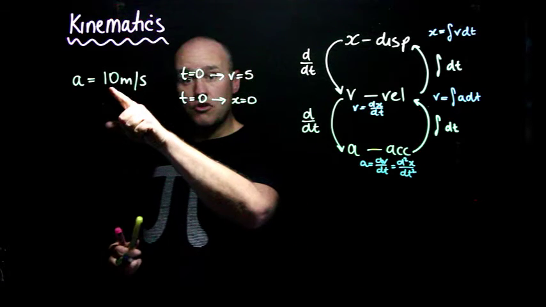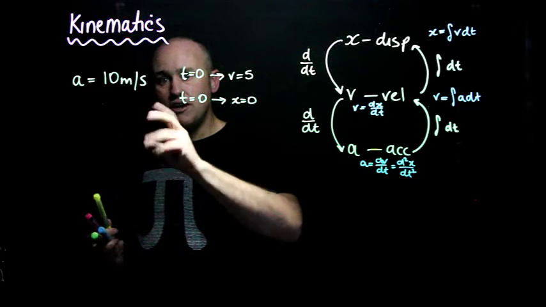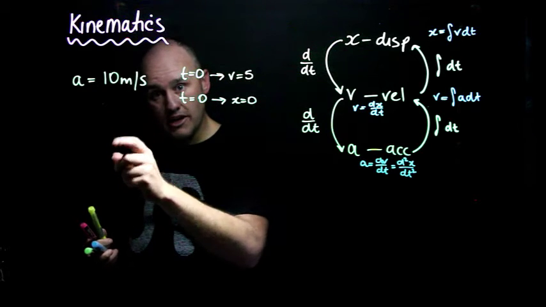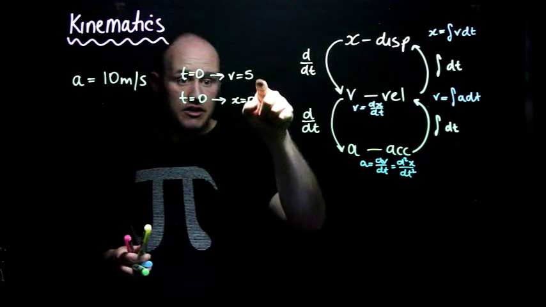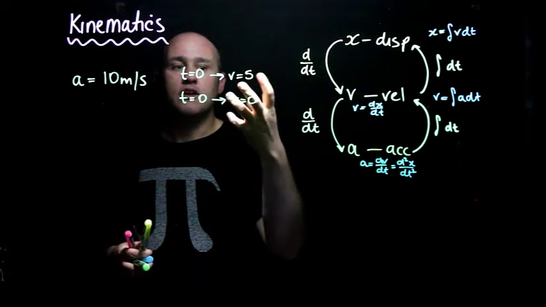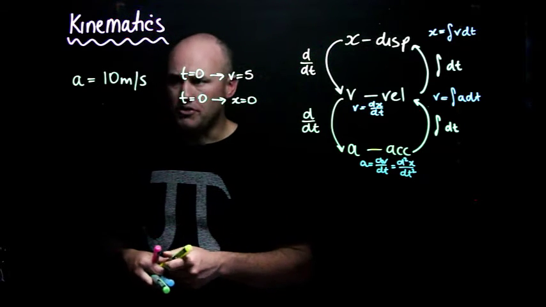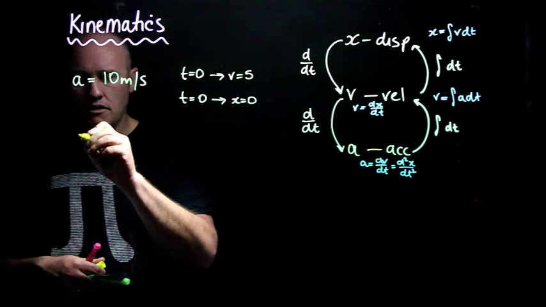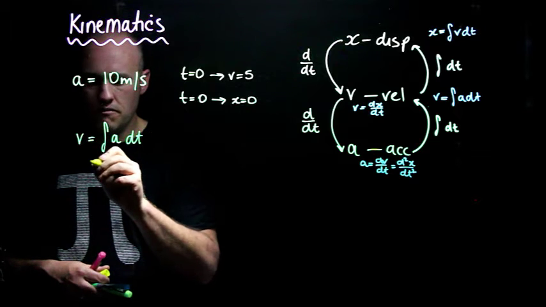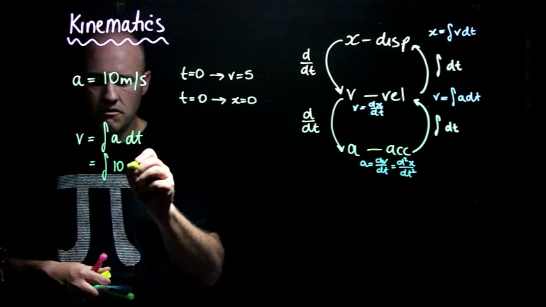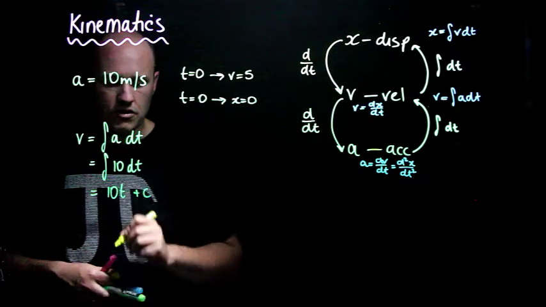Now, this is a constant, and when you integrate, just like when you derive you move down the polynomials, you move up the polynomials. So we expect velocity to be linear and displacement to be parabolic or quadratic. These points here are going to help us to remove the constant values, the constant of integration. So velocity is equal to the integral of acceleration with respect to time, which equals the integral of 10 with respect to time, which equals 10t plus some constant.